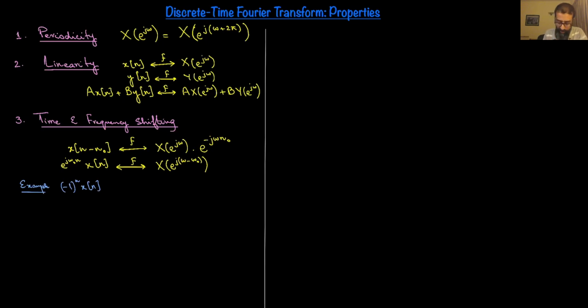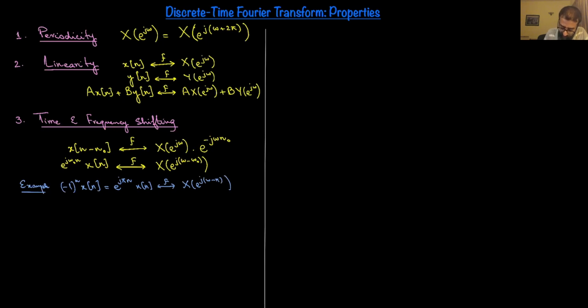In order to answer this question, I observe that -1 raised to power n is actually e raised to power j pi n. So I can then use the frequency shifting property with omega naught equals pi to conclude that the Fourier transform of this signal is actually the Fourier transform of x, except that it's going to be shifted by pi.